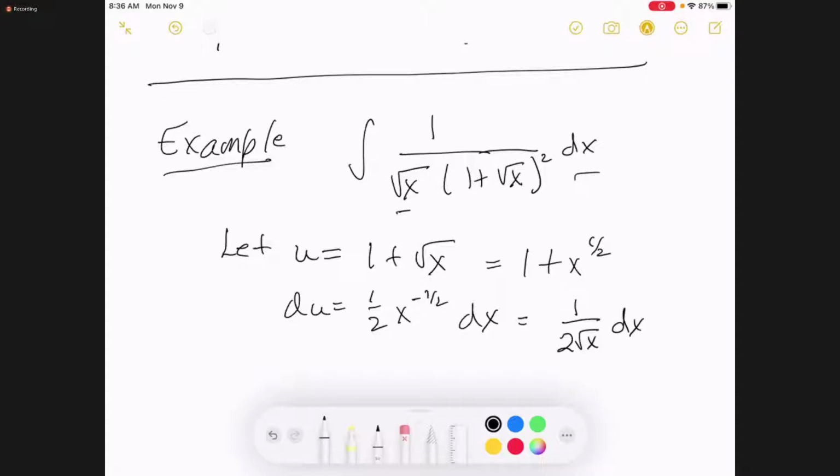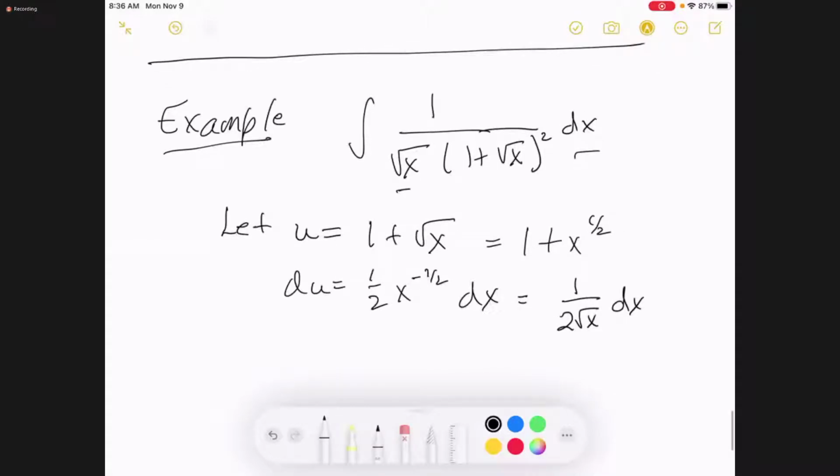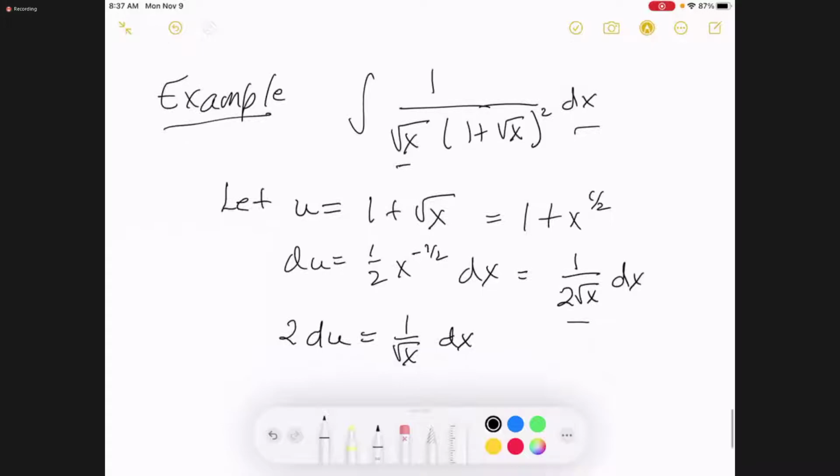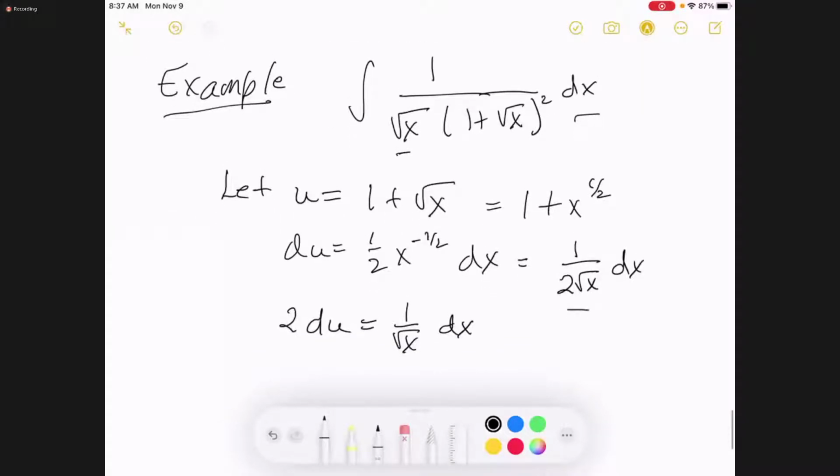The 2, not a problem, because you can bring it in and out. In fact, let's just go ahead and take care of it here. If I multiply both sides by 2, I'll have 2 du is 1/2 the square root of x dx. And that's looking good. Okay, everything's going to match up.